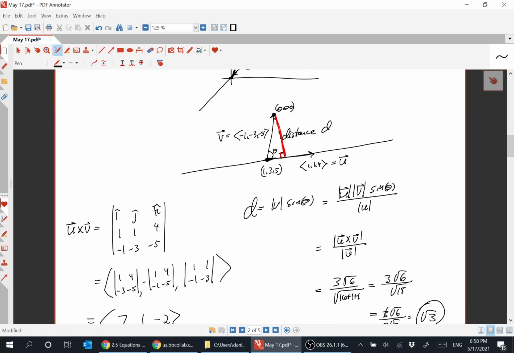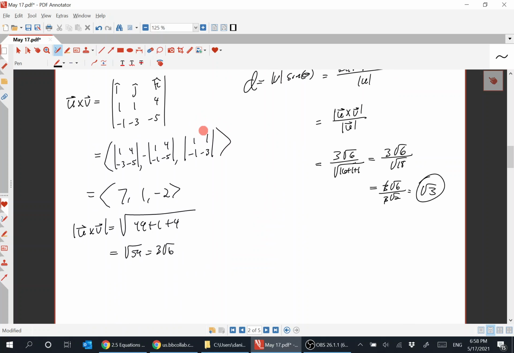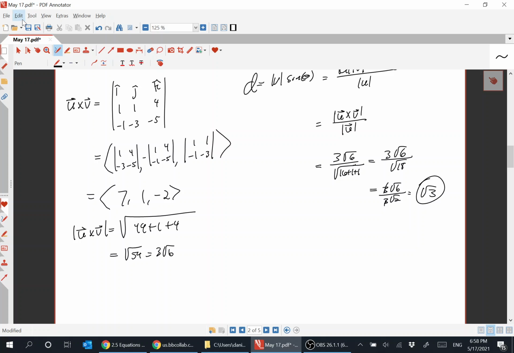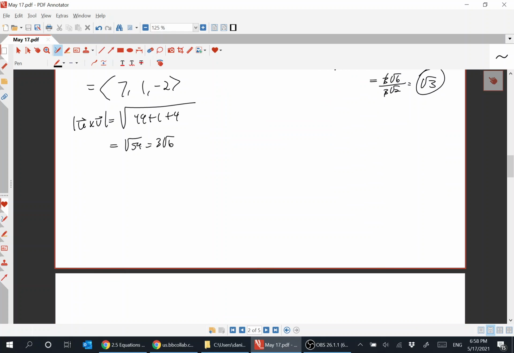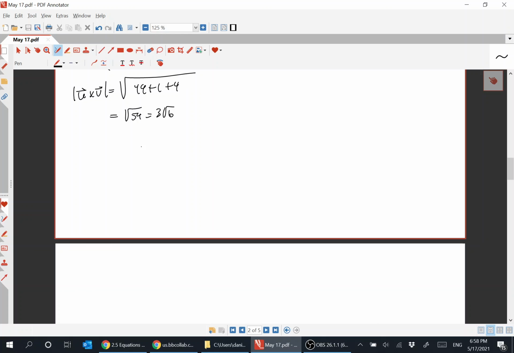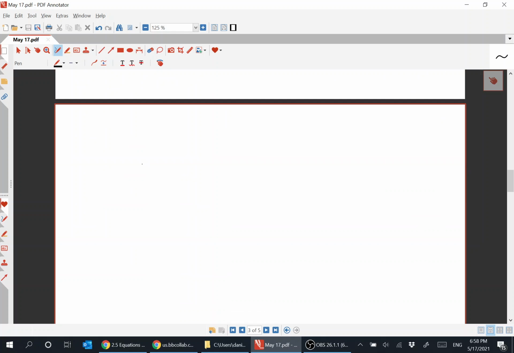Okay, so we got this vector, minus 1, minus 3, minus 5, and 1, 1, 4. And then this distance is length v sine theta, and then we put that u in there, and it turns it into a cross product problem. So we calculated that distance without actually doing any trigonometry. Well, without calculating any sines or cosines.